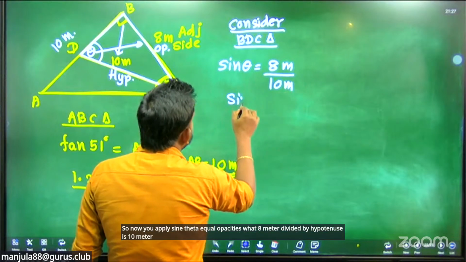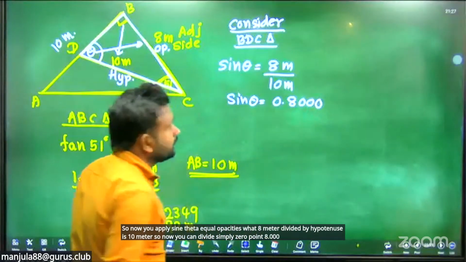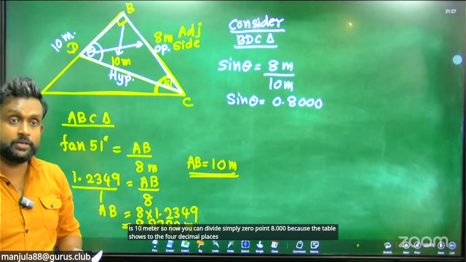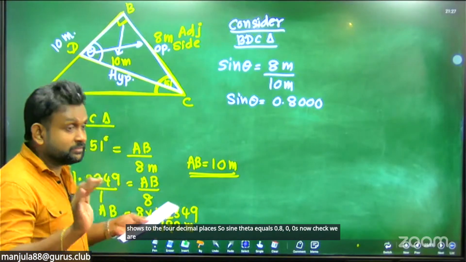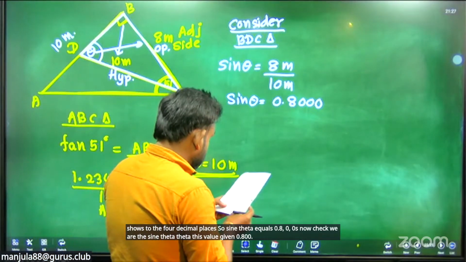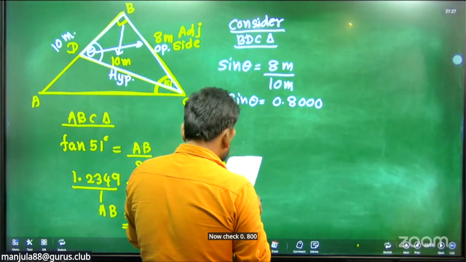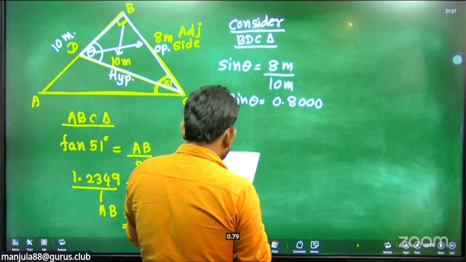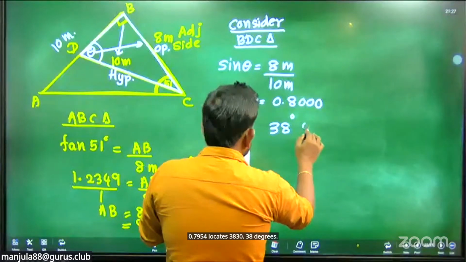Now you can simply divide: 0.8, put 000 because the table shows four decimal places. So sine theta equals 0.8000. Now check where this sine theta value is given. 0.8000, where is it located? 0.7954 is located at 38 degrees 30 minutes.